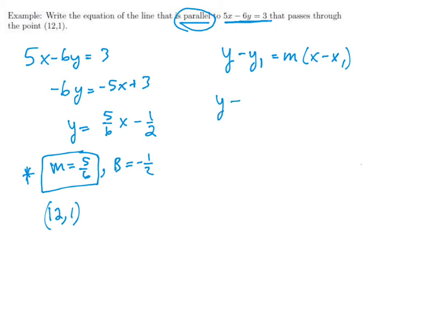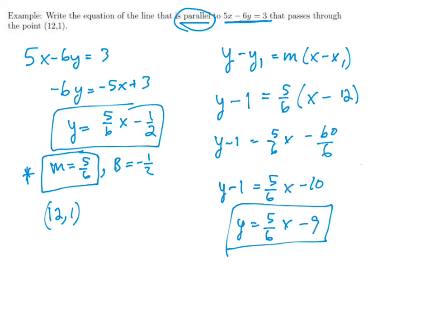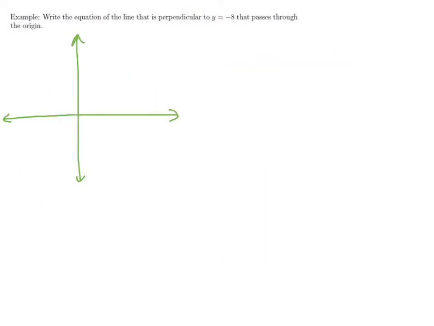So y minus 1, which is the y-coordinate, equals 5/6 times x minus 12, which is the x-coordinate. And then we're just going to simplify, and doing so we end up with the line y equals 5/6 x minus 9. The only difference between this line and the given line is that they have the same slope, 5/6, but they pass through the y-axis at a different spot.